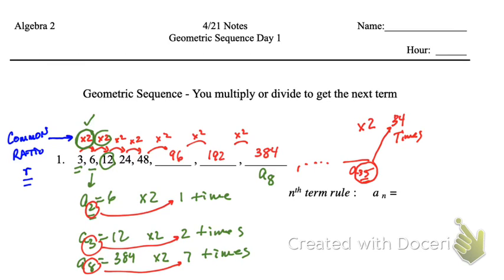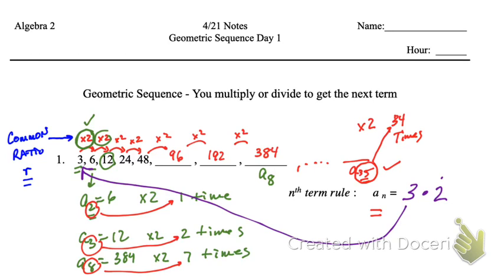So if we look at the rule for finding a mystery number way out here in our list, let's call it a sub n. It's in the nth position. How would we get to that number? We have to start at the first number, 3, and then multiply by 2. Now, how many times will we multiply by 2?